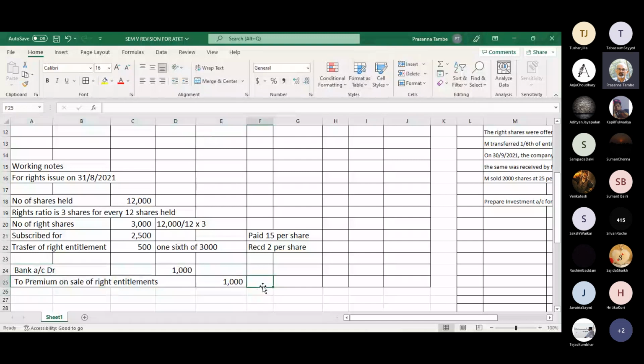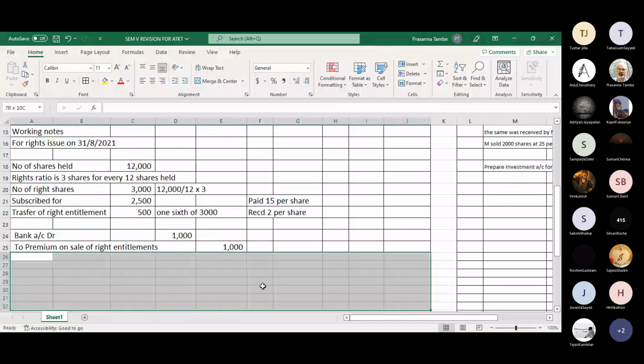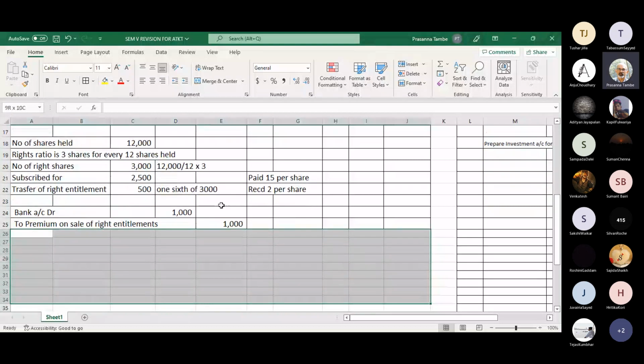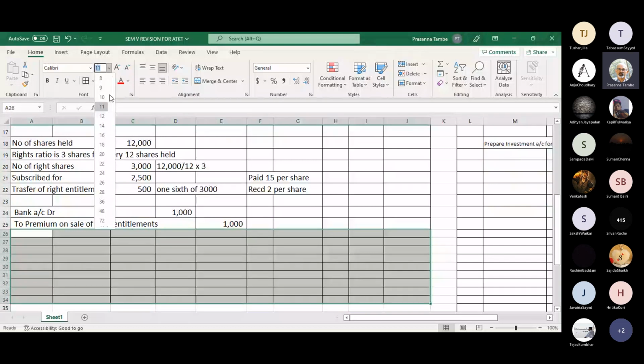Have you understood this entry? Shall we proceed? Yes or no? Confirm. If all of you have finished, then we can proceed.